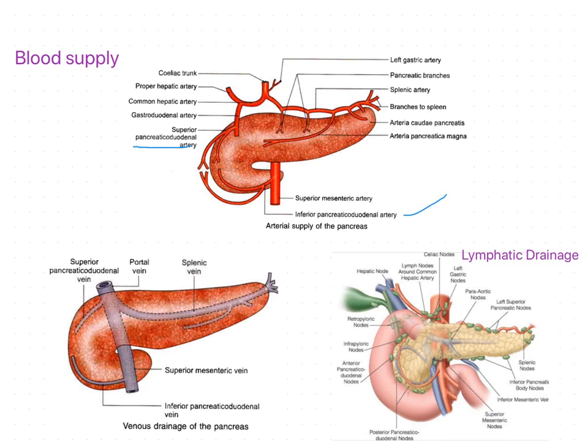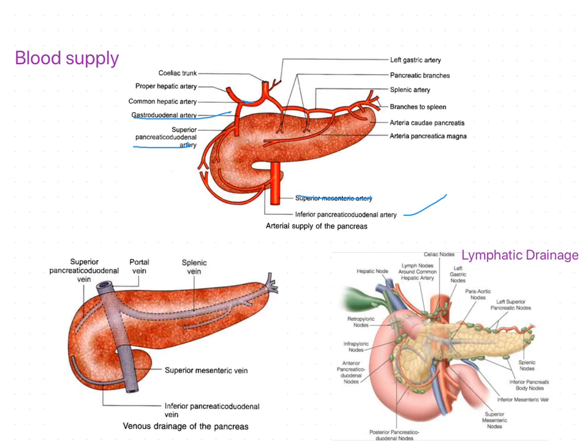These are the main arteries which supply the pancreas, and also the gastroduodenal artery, which is a branch of the hepatic artery, and also the inferior artery, which is a branch from the superior mesenteric artery. So here you can see the superior mesenteric artery. So these are all the arteries which supply the pancreas.